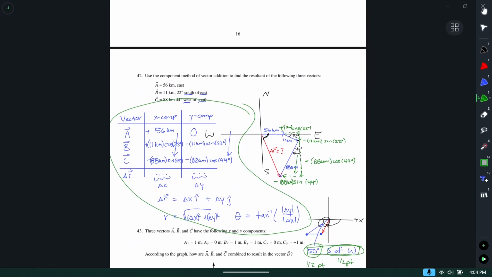If you're always measuring relative to the x-axis, then you can say that the x component is always cosine and the y component is always sine. I just like the freedom of knowing that if I just use cosine for adjacent and sine for opposite, I can use whatever angle I want. But if you like sticking to the x-axis, you can do that. You just got to make sure you're always converting your angles to something that is measured relative to the x-axis.